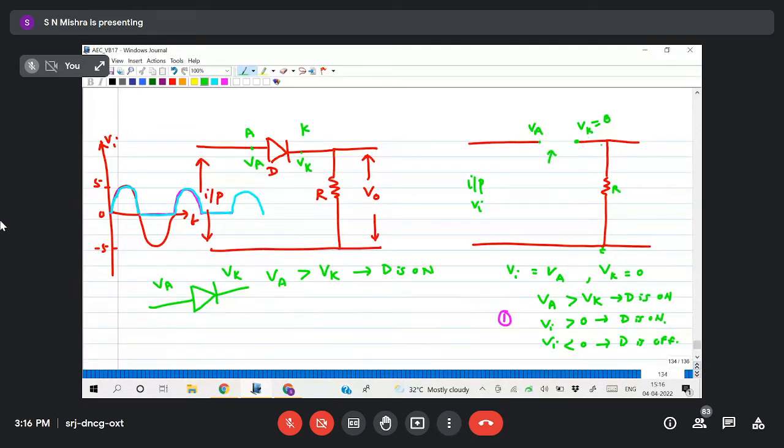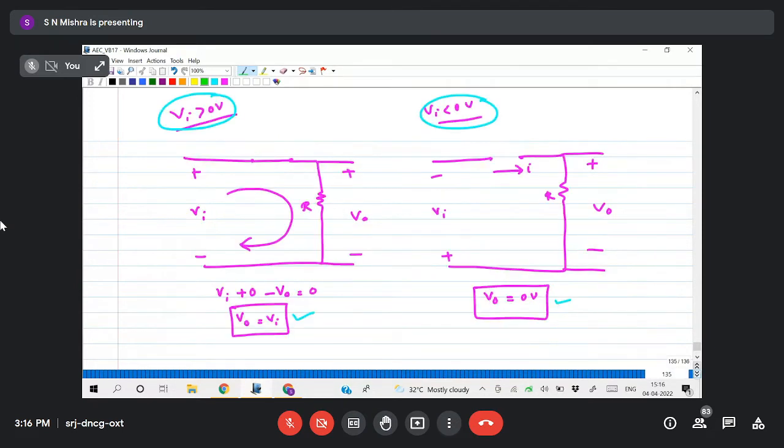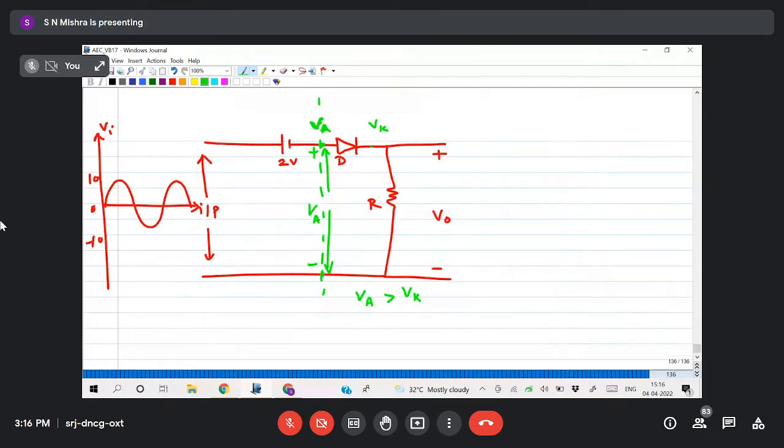It is open circuit, so the cathode is connected somewhere to ground, so cathode potential is 0. So here also, if the diode is not present, then the cathode potential will be 0. So VA must be greater than 0 to turn on the diode.